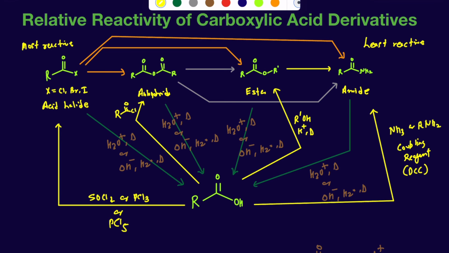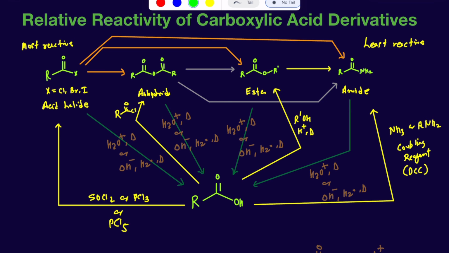So the whole job of the coupling reagent is making sure that you make this OH a good leaving group. For example, if you're running this under acidic conditions, you would be able to protonate it, and as a result that would be a good leaving group.